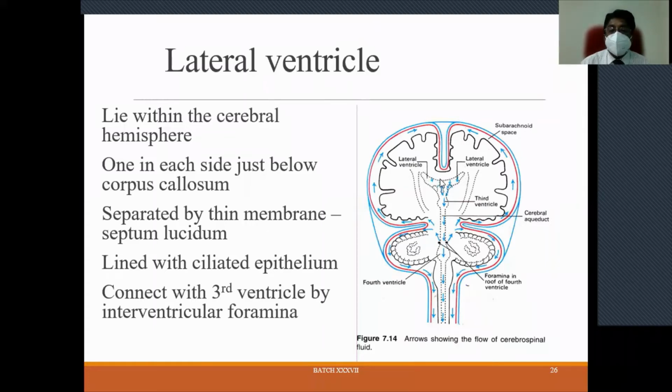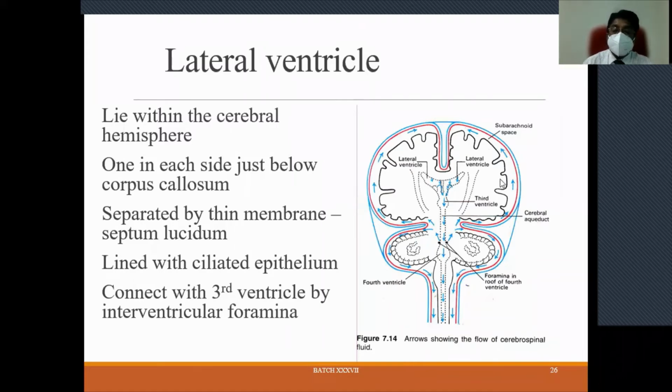These two lateral ventricles are separated by a thin membrane called the septum lucidum. And the lateral ventricles are lined, that is, the wall is formed, by ciliated epithelium called ependymal cells, as you learned.